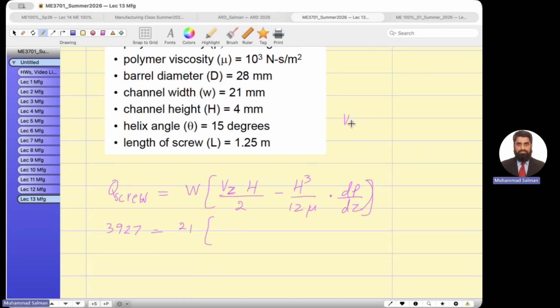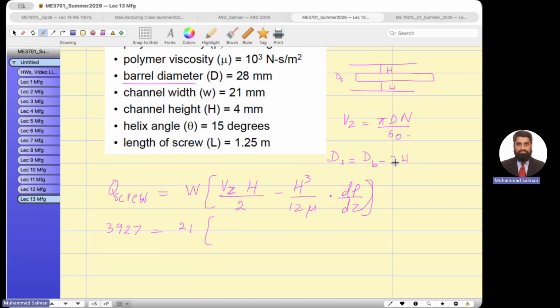V is equal to pi d n over 60. And this barrel diameter is given. The barrel is bigger. Suppose this is our screw and this is our height. Height is on both sides of the screw. So in order to find the diameter of the screw, diameter of screw equals diameter of barrel minus 2 times the height of the channel.